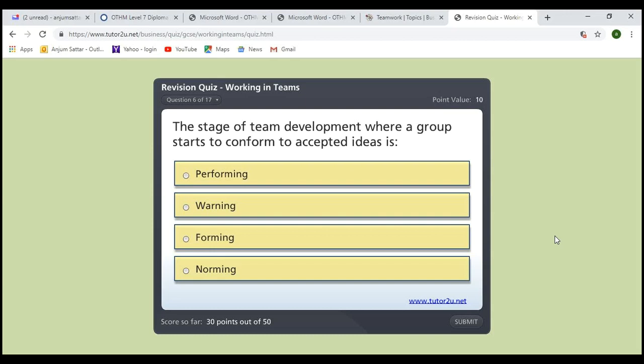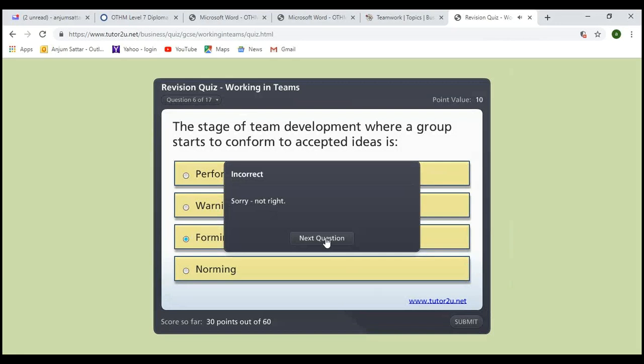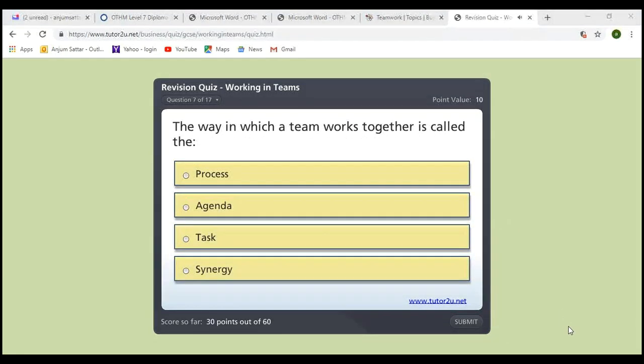Is it the performing stage? Is it the forming stage? Or is it the norming stage? Forming stage. Thank you. Well, it's norming. It's not right. It's norming.